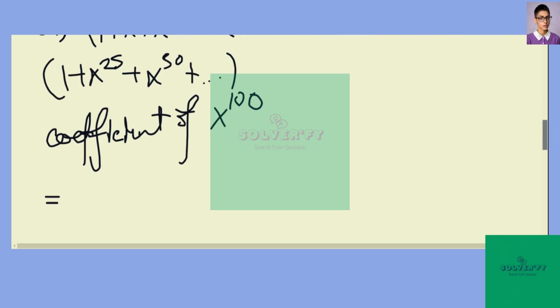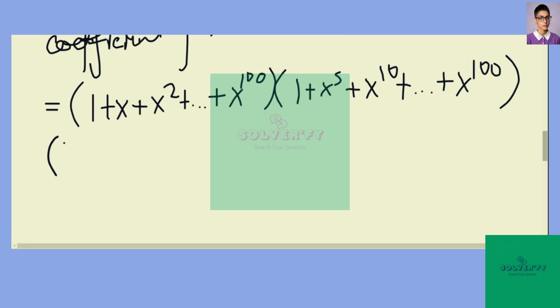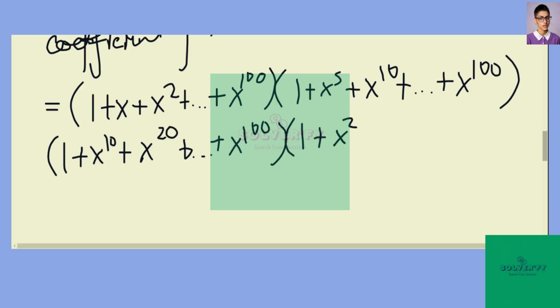So we can abbreviate this as 1 plus x plus x squared up to x to the 100, times 1 plus x to the 5th plus x to the 10th up to x to the 100, times 1 plus x to the 10th plus x to the 20th up to 100, and finally 1 plus x to the 25th plus x to the 50th plus x to the 75th plus x to the 100.